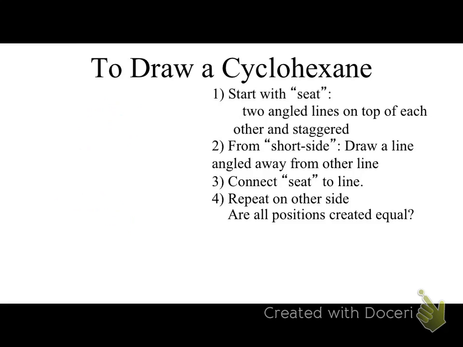Where's this one aimed? Straight up and down. Uh-oh. What does that mean? We've got two different positions on our cyclohexane. We need to be able to identify those two different positions, and decide between them which is more or less stable.